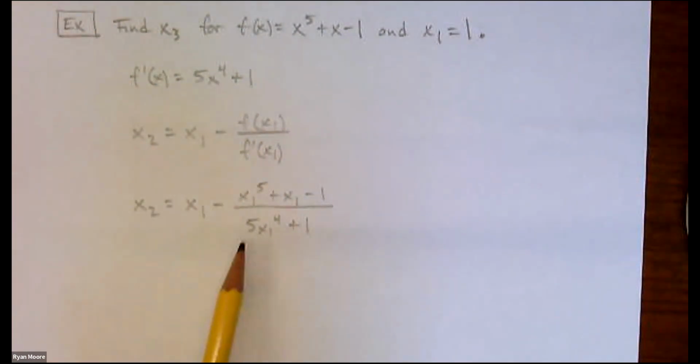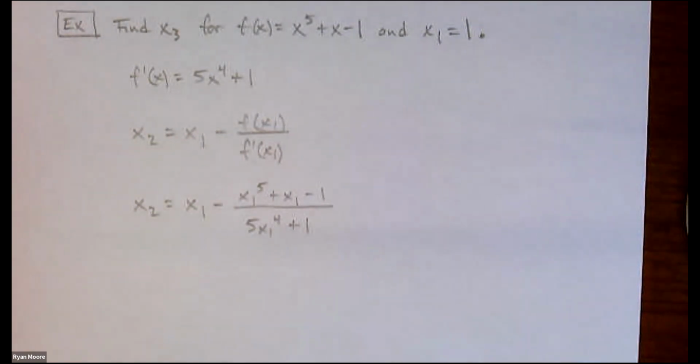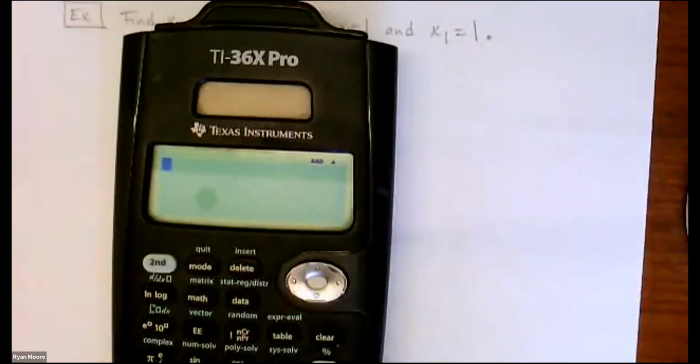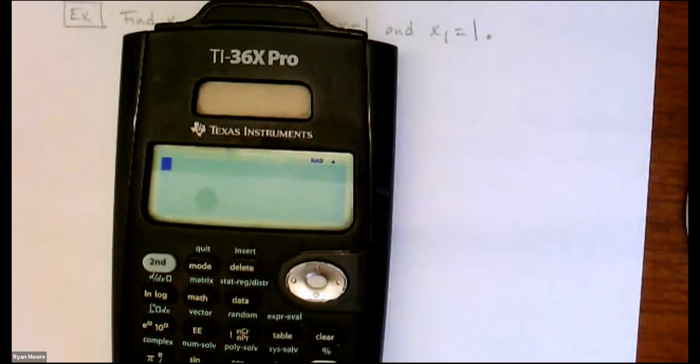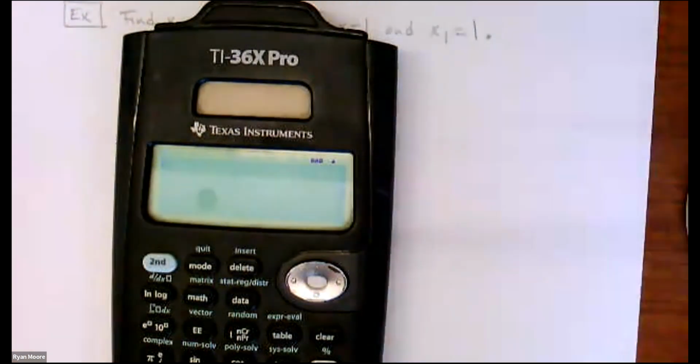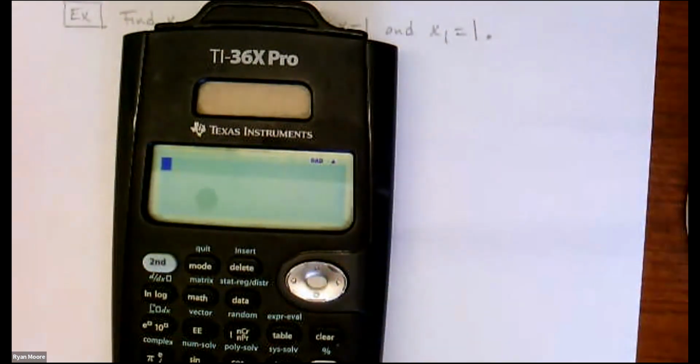Why am I writing it out this way? Okay, grab your calculator. If you have a calculator similar to mine, a TI, it's probably going to be similar as far as what I'm typing in. Any scientific calculator should be able to do what you're about to see.